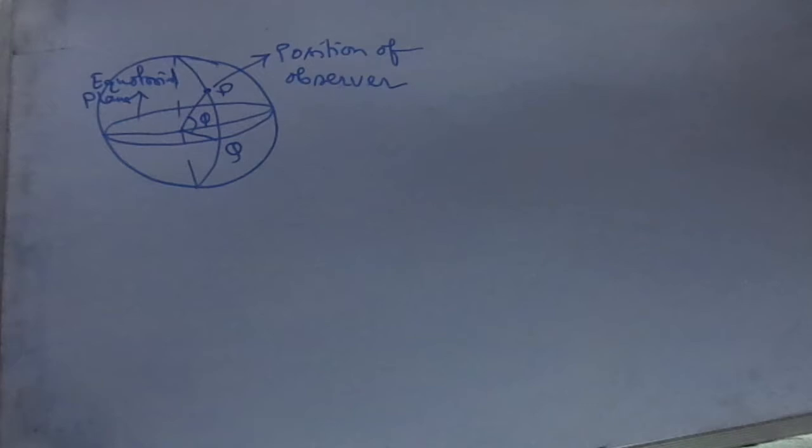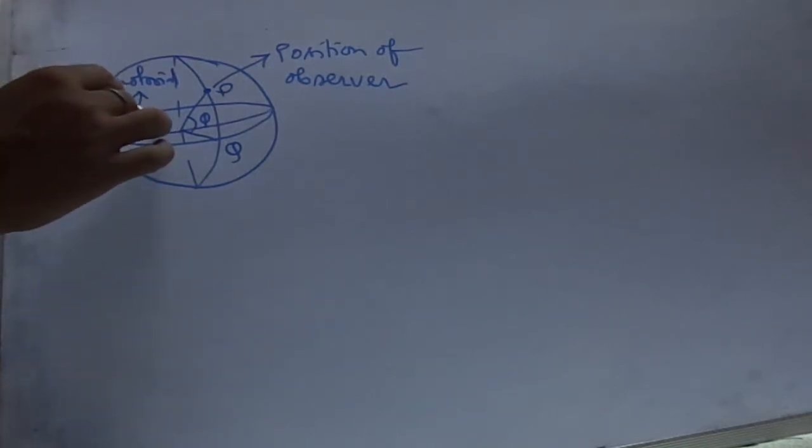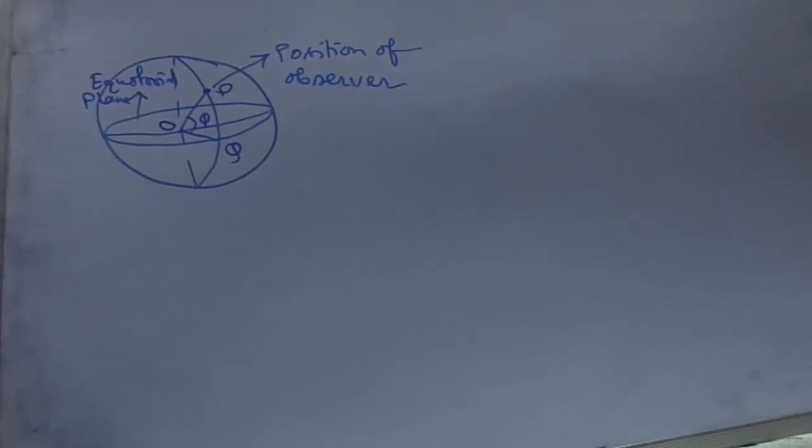So the angle is POQ, the radial line connected to the center. That is the latitude, angle of latitude, or phi.